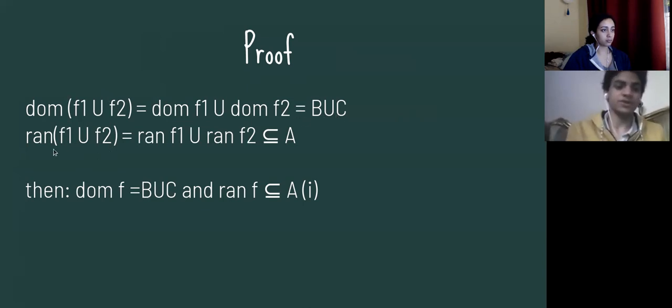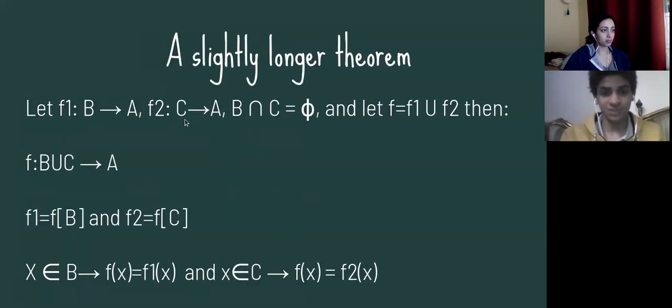The second condition is the range of F1 union F2. This would be equivalent to the range of F1 union the range of F2. Since I know that F1 is a function, I know that the range of F1 is a subclass of A. And since F2 is also a function, the range of F2 is a subclass of A, because that's the codomain of F2 and F1. So the codomain of F1 is A, and the codomain of F2 is A. Since F1 is a function, the range is a subclass of its codomain.